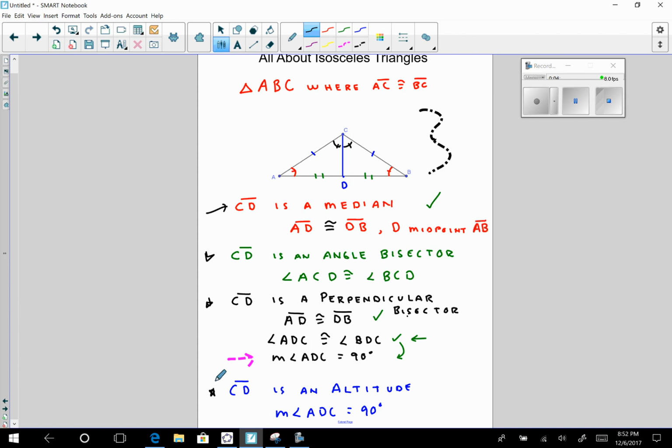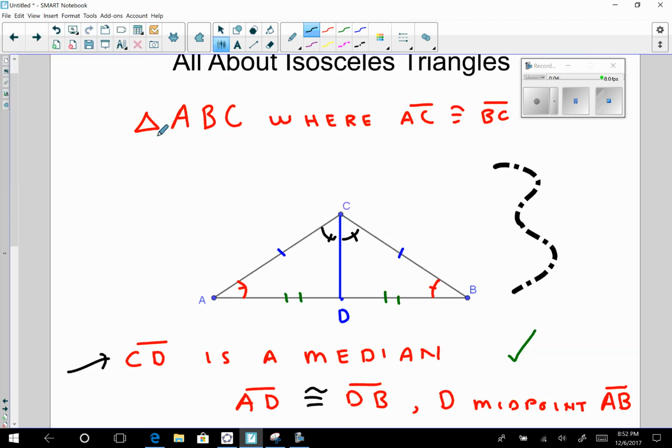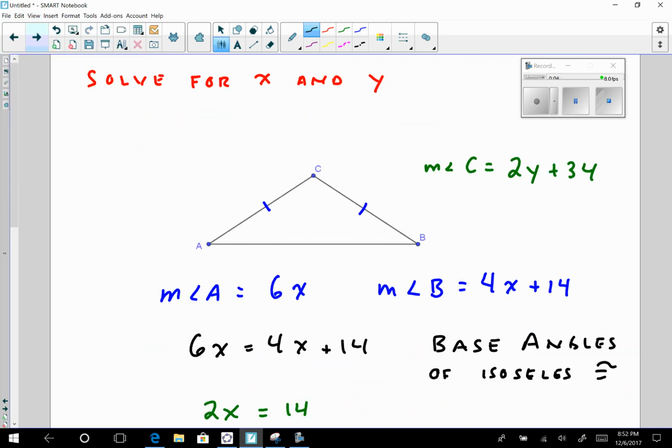Good information. So let's do some problems about an isosceles triangle, or at least get started. Let's zoom back out and go to the next page.